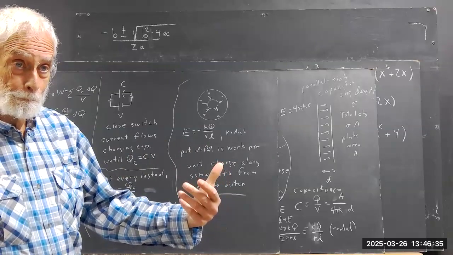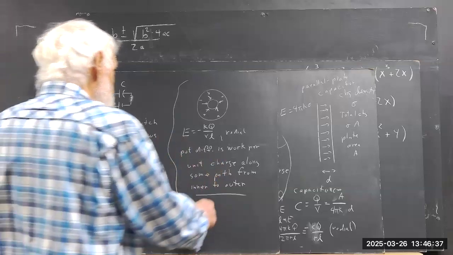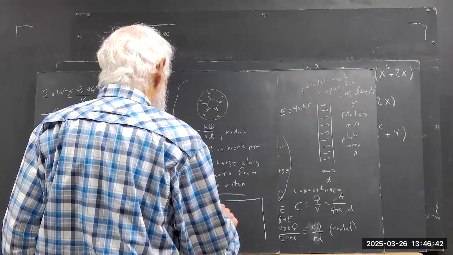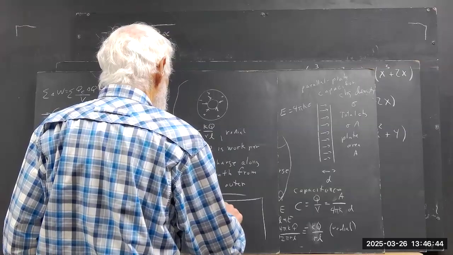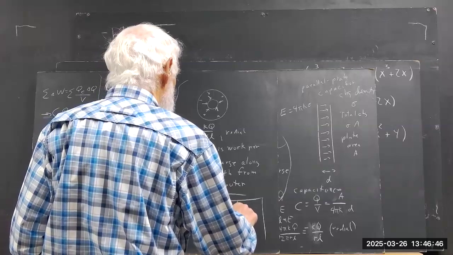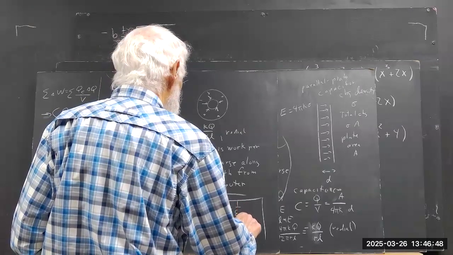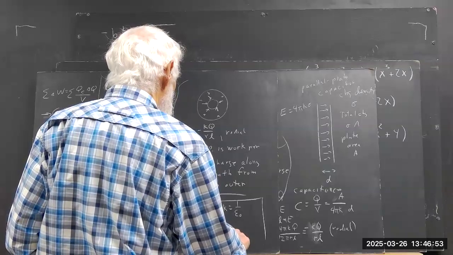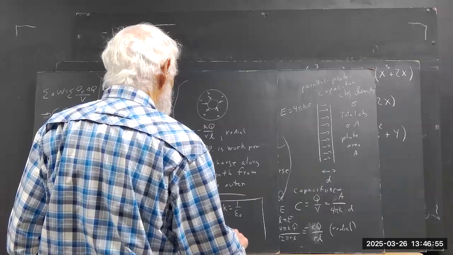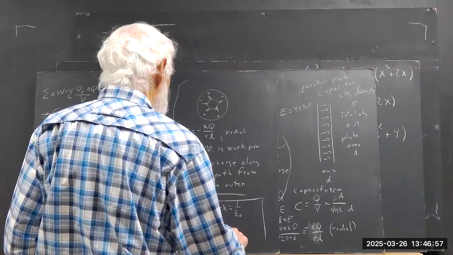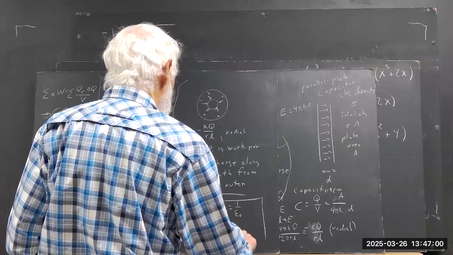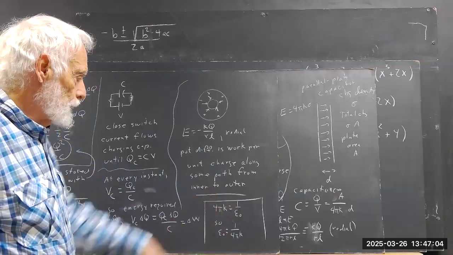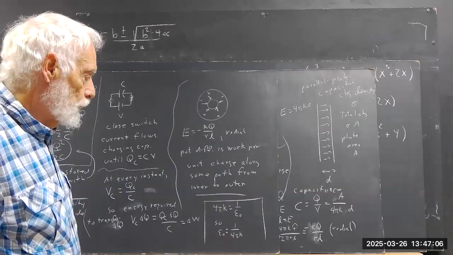We talked about that before, but let's be sure we say that. 4 pi k is 1 over epsilon naught.